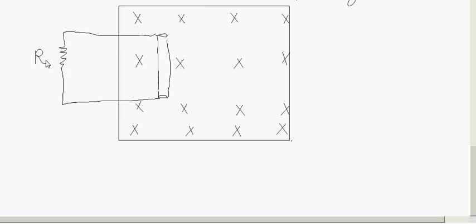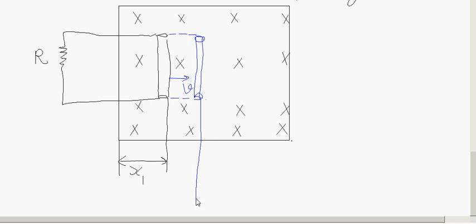Let us say the rod was here initially, and this distance is x1. Now after some time, let the rod be moved to some other position, because we are moving the rod in this direction. So this is x2.